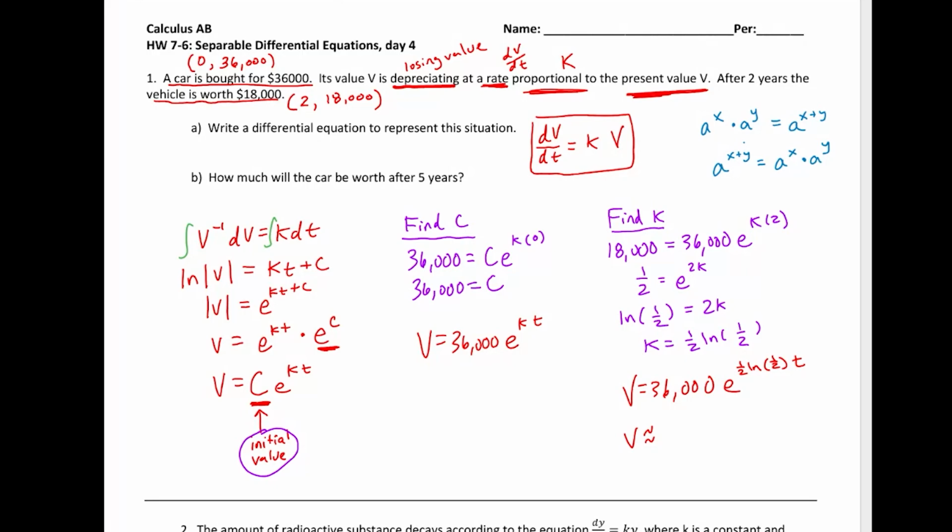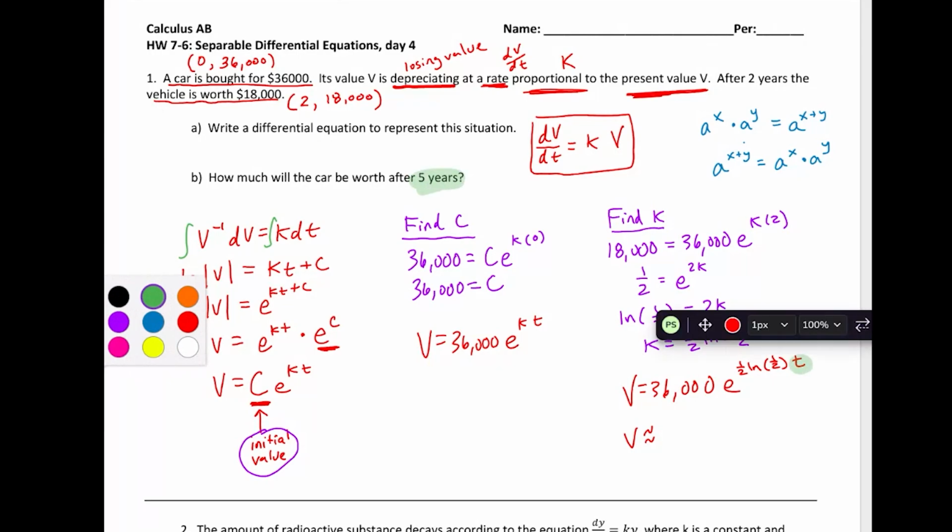So 36,000 times e to the half times the natural log of 0.5 times, we want after 5 years. So basically I didn't really write that, but we wanted to substitute in 5 for t.